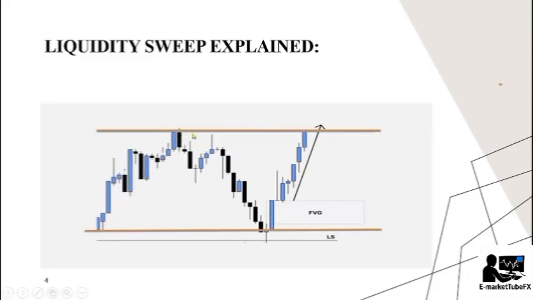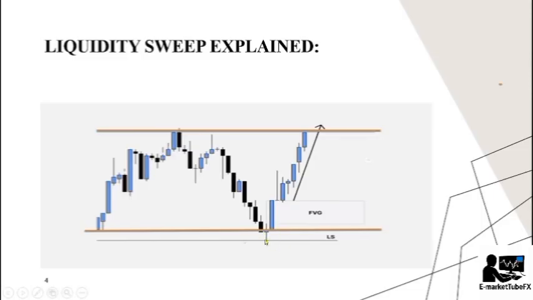As price got to this zone, price started reversing. The market makers reversed the price, and it came down, hoping that as it got to the support it would reverse, but it didn't. Price pushed further down to trigger all the stop losses that we have down here.